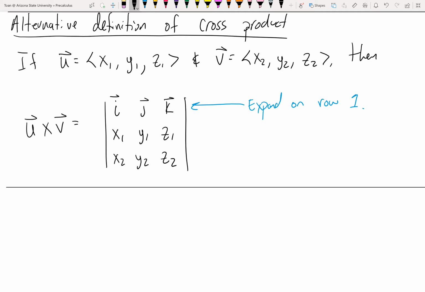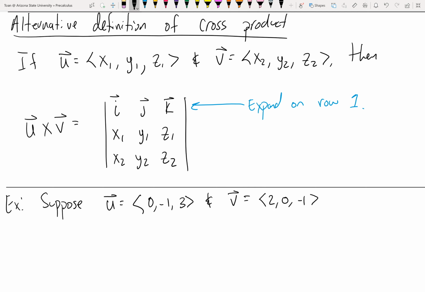So, for example, suppose vector u is, I don't know, 0, -1, 3, and vector v is 2, 0, -1. Fine, and this is a two-parter.